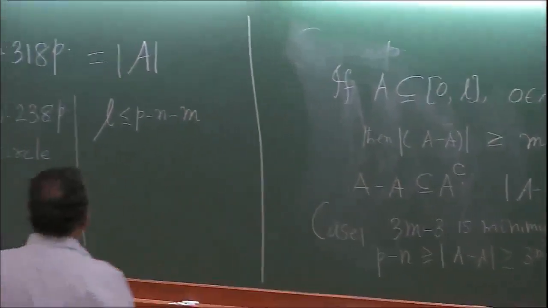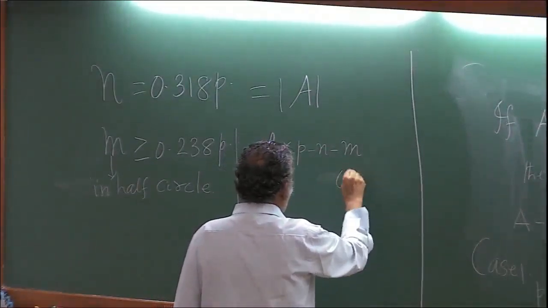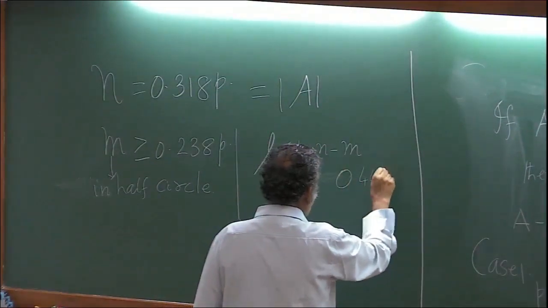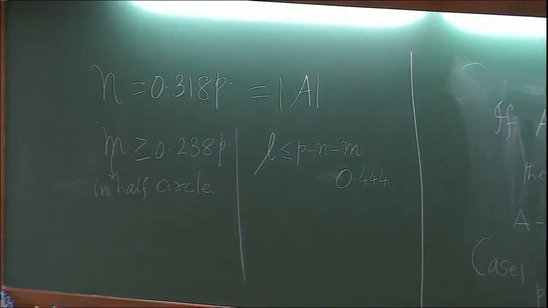At least for small values of N, this number turns out to be 0.444. Therefore, what we have proved is that even though there are M points on the half circle, these M points are not really spread throughout. They seem to lie in an interval of length 0.444.